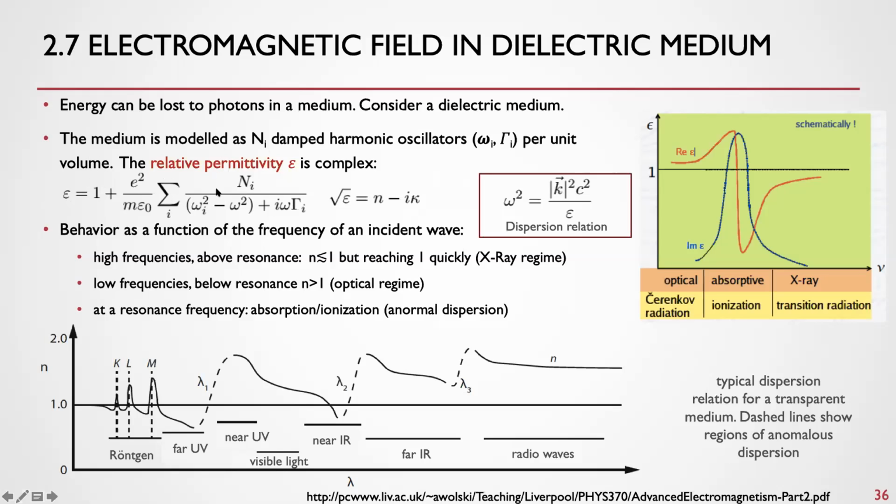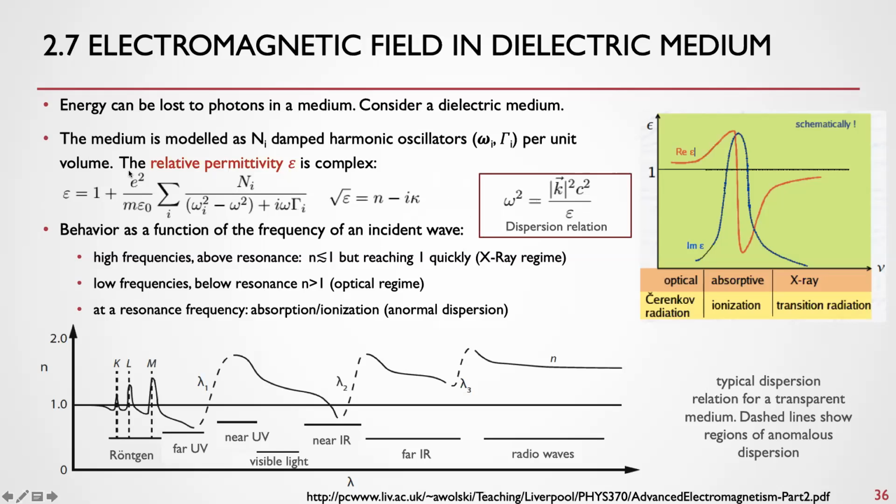And it's a sum of the responses of many harmonic and material dependent oscillators. Now, there is a dispersion relation that holds in matter. Omega squared is k squared c squared over epsilon. Square root of epsilon is n, and if the absorption is small, this means that the speed of light in the medium is smaller than the speed of light in the vacuum.